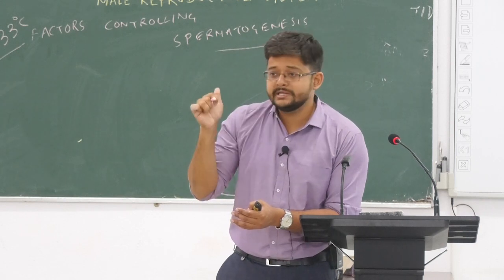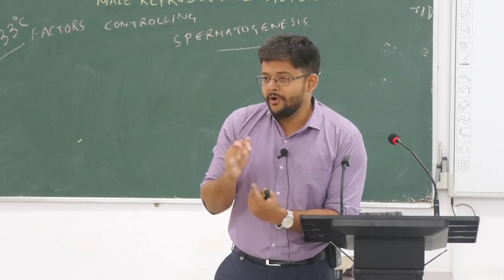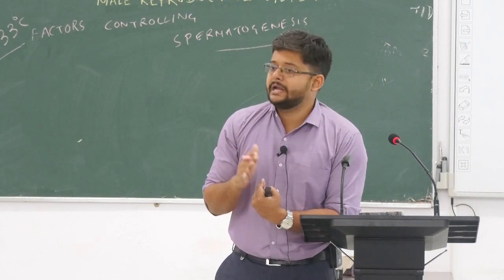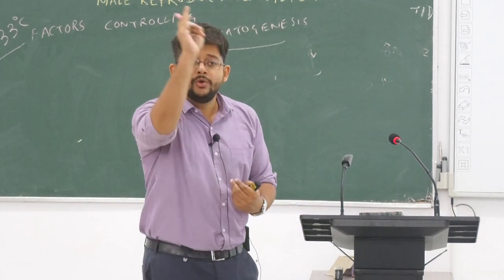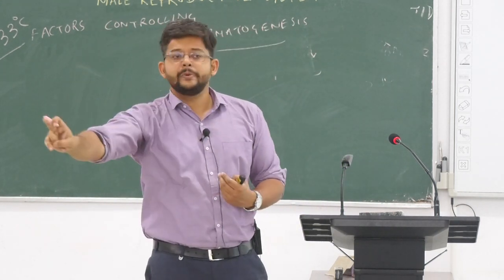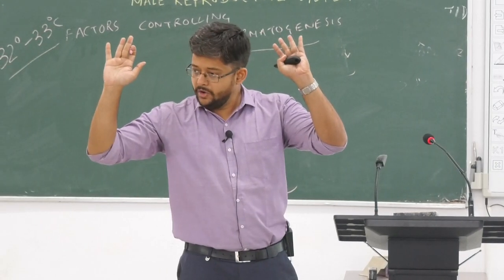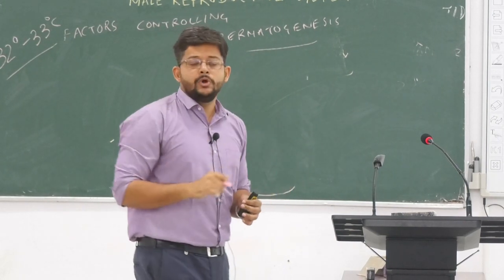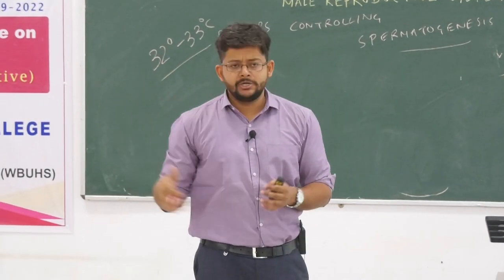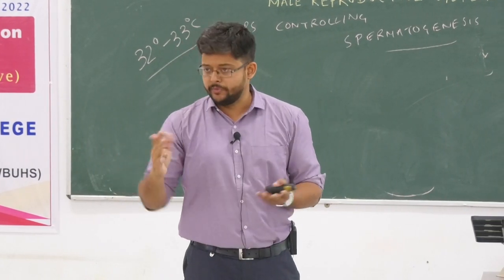The problem is that testis was there, but the testosterone signal was not. So genotypical males, if they have testes but don't have any signal from testosterone, there will be no descent of testes. So these people will have intra-abdominal testes. Now how will the story unfold? The problem will happen in the vast majority, because when a baby is born, nobody goes and checks an ultrasound of the baby's abdomen.